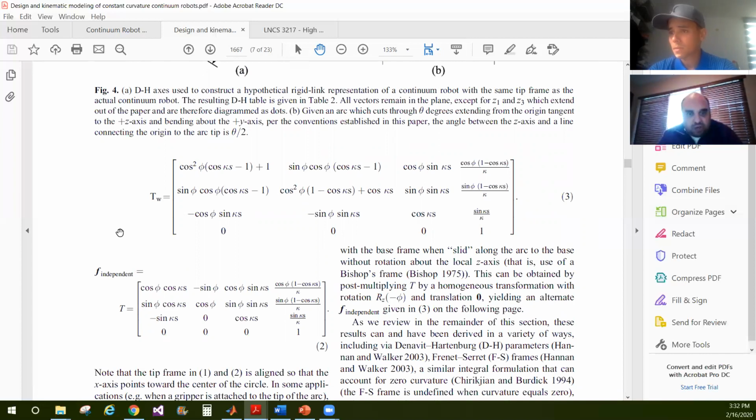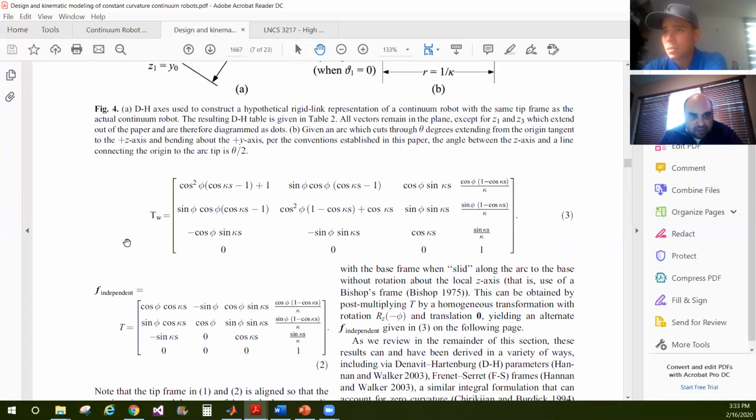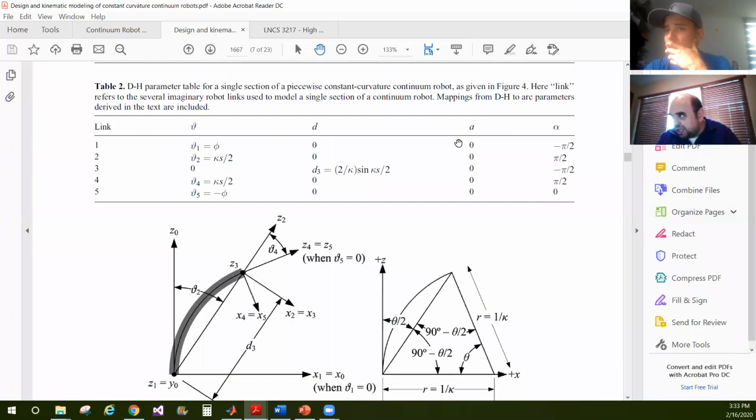So where did 2 come from? So it's the DH axis. So the resulting DH table is given in table 2. So where is the DH table? Oh, yes, here. I opened it, yes.